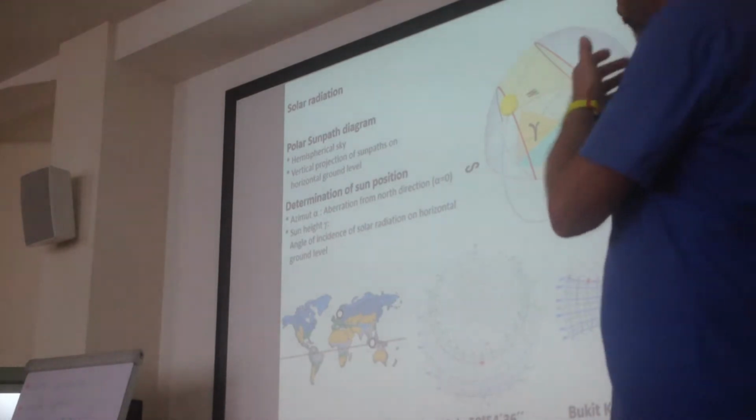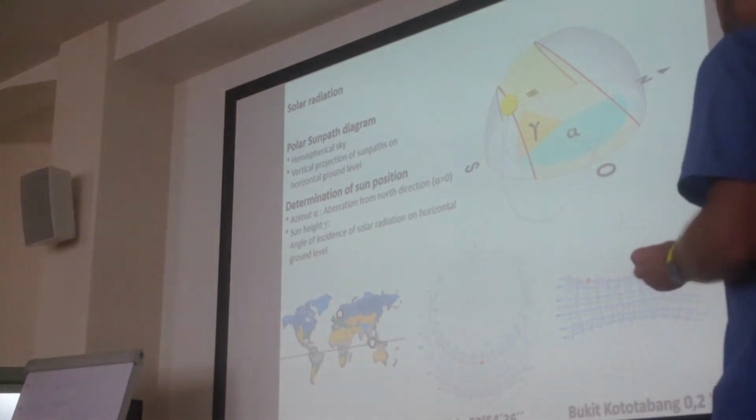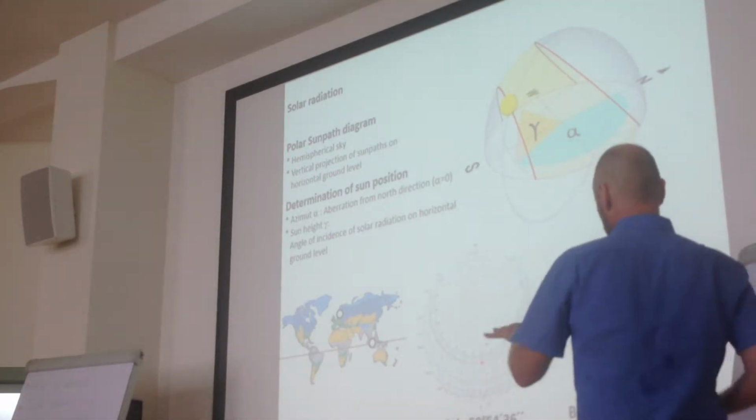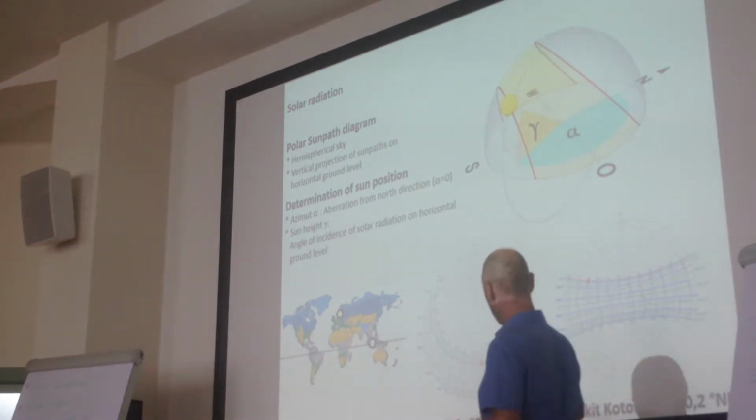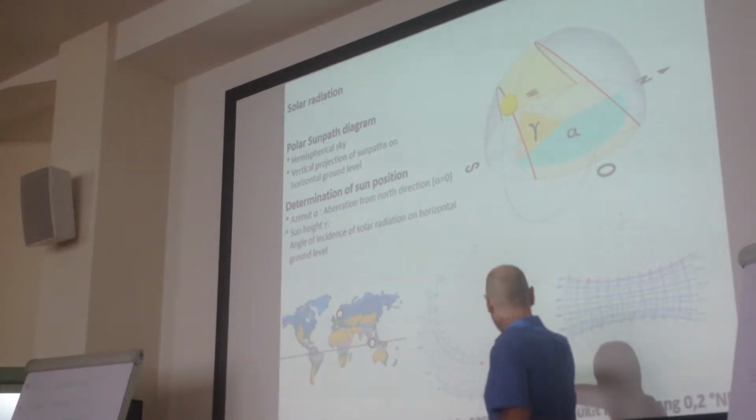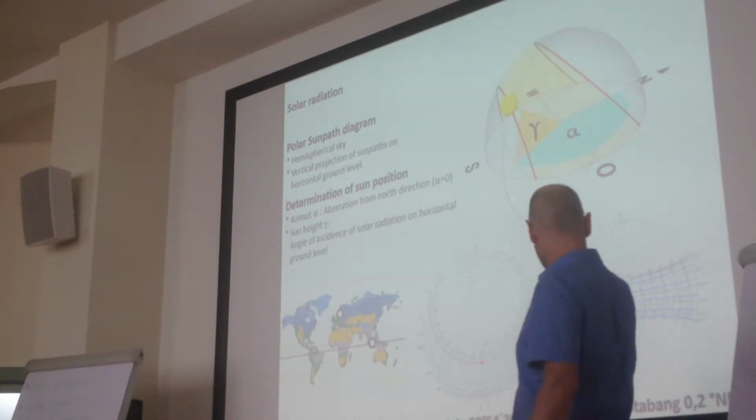And just to start a kind of discussion, I have prepared two sun path diagrams. One for Oslo and one for Bukit Kota Tabang.